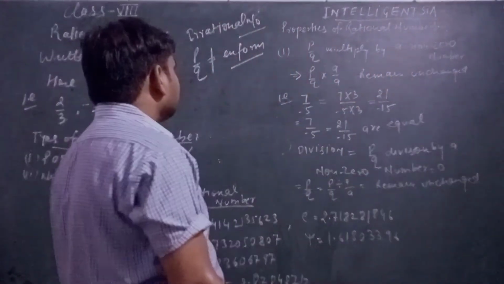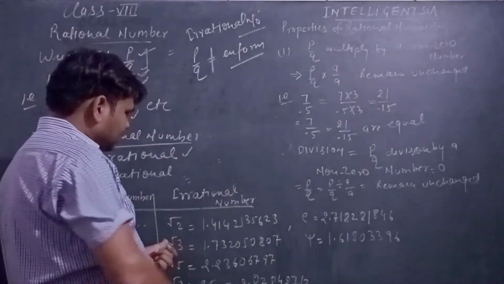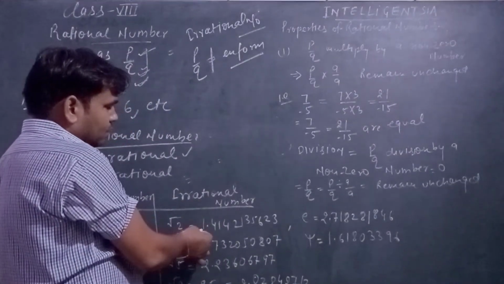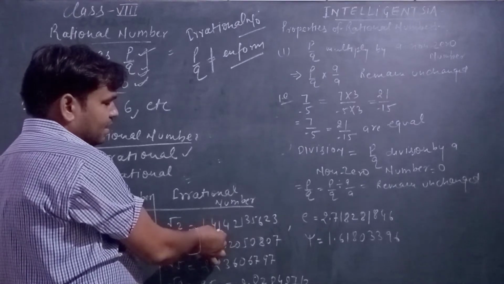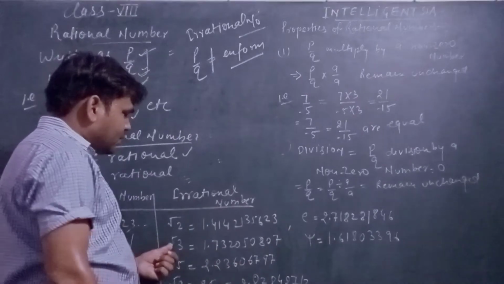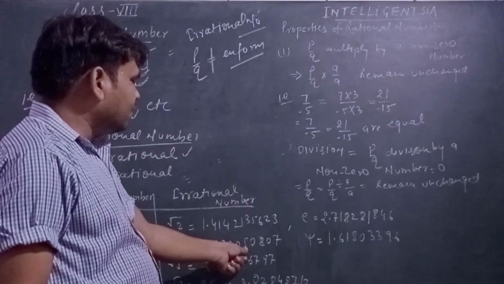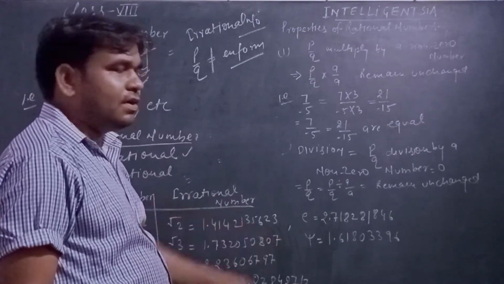You see here the example, students. Root 2 equal to 1.4142135623, and root 3 equal to 1.7320508007.